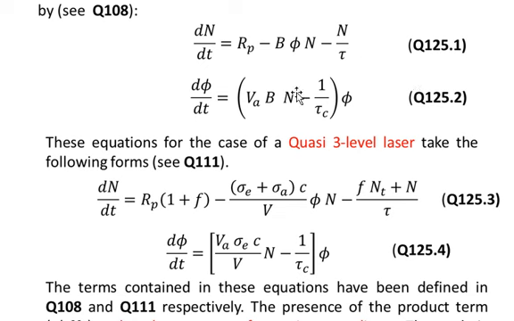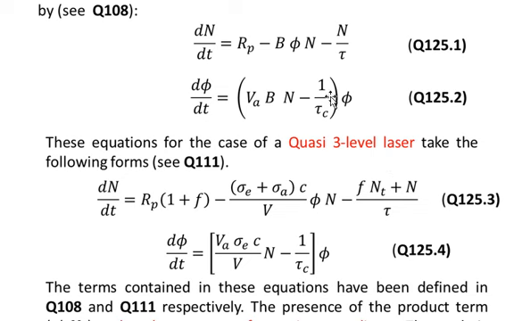So you can see that equation number 1 and 2 are written for a 4-level laser system in the space independent case, and equation number 3 and 4 are written for a quasi 3-level laser system in the space independent case.